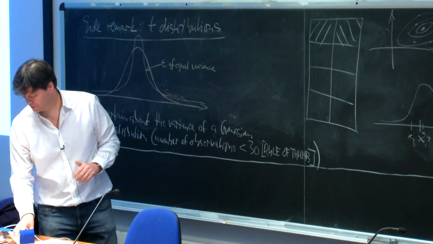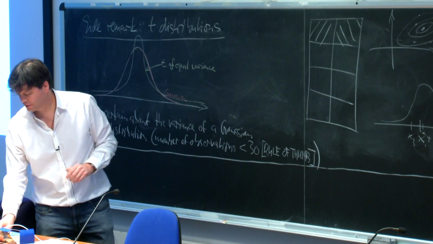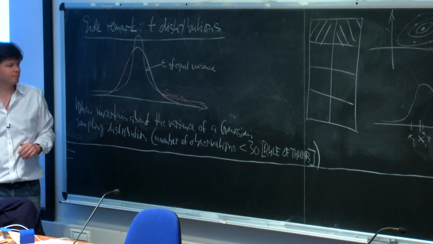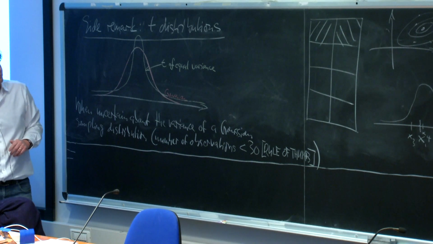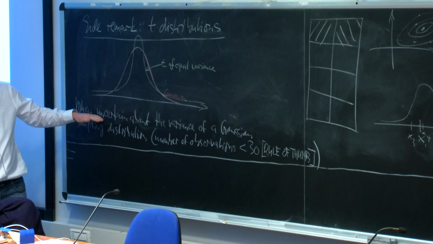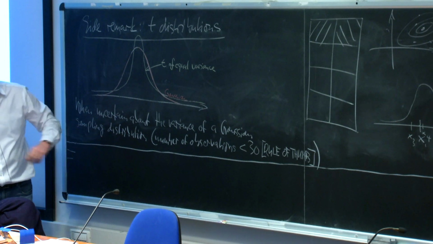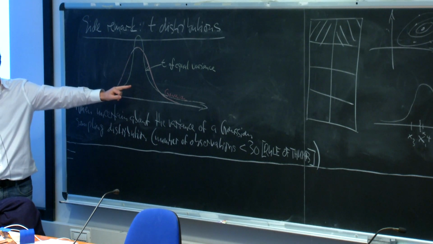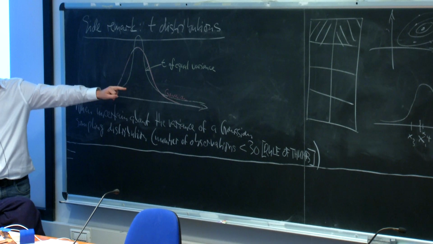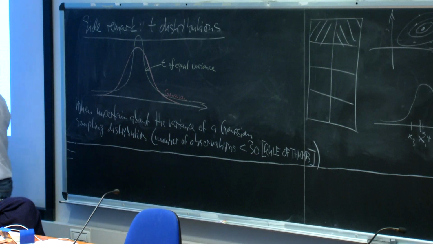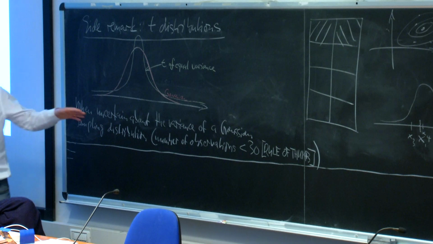So there's this joke that to statisticians, 30 is infinity. If you have a number of observations that goes to infinity, you will get a perfect Gaussian in the end. But from a point where you have 30 observations, your predictive distribution will look a lot like a Gaussian.